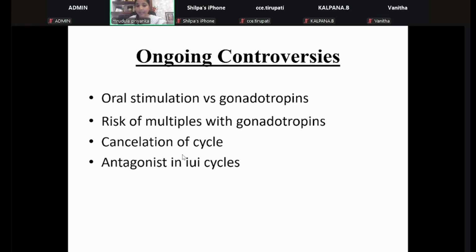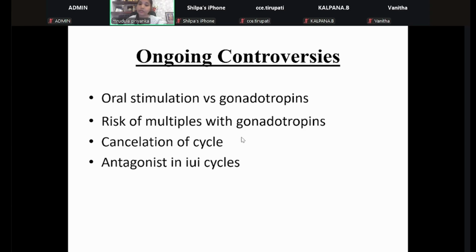Then when do we cancel an IUI cycle? We cancel an IUI cycle whenever more than 3 dominant follicles are seen, or whenever a larger number of intermediate follicles are seen, more than 6 intermediate follicles more than 12 mm. If we see 6 follicles more than 12 mm, we need to cancel the cycle. And then depending on the estrogen levels also, we can cancel the cycle.